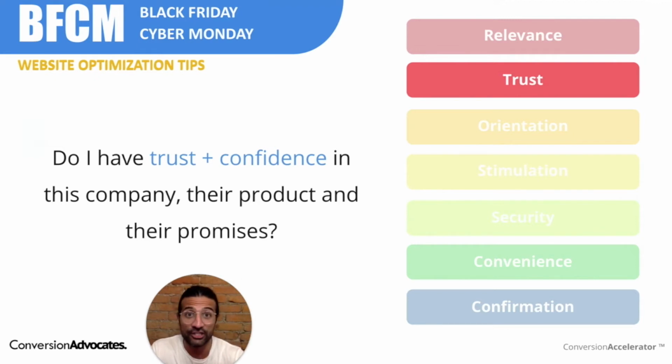What are some objections that they may have and some considerations that they may think of before making a purchasing decision? And how can I demonstrate that, yes, you can trust what I'm showing you here? You can have confidence, whether it's a certification, product reviews, customer testimonials, some sort of guarantee, or some sort of warranty. All of these elements bring trust and give people confidence when they're making a decision.